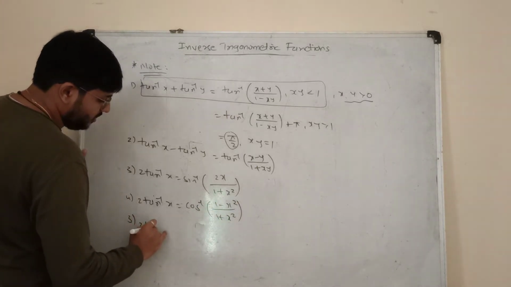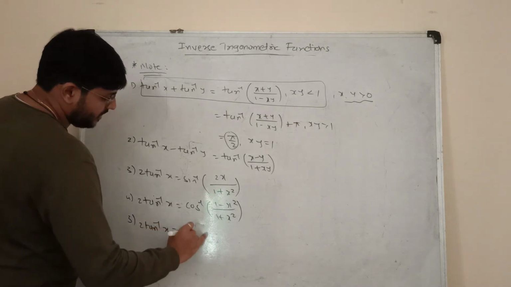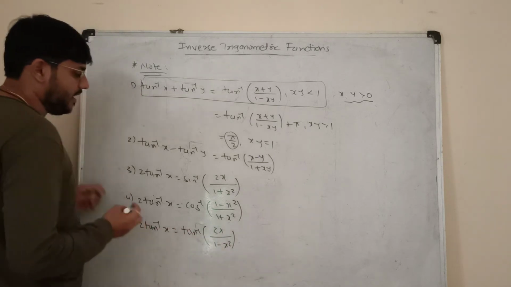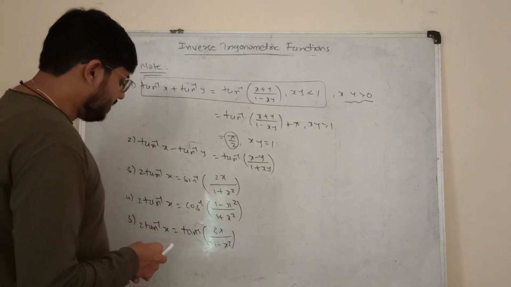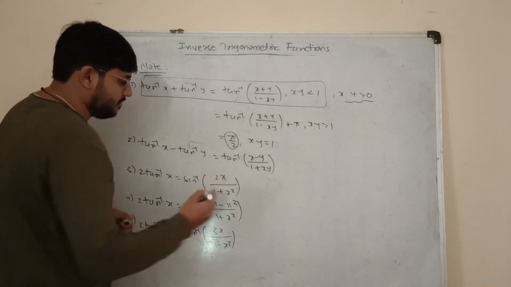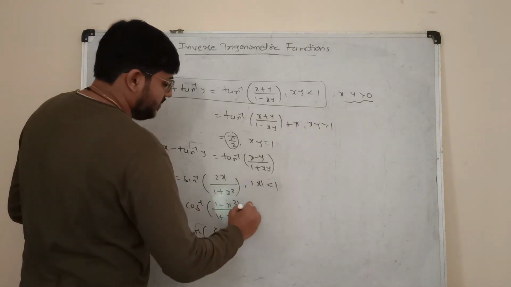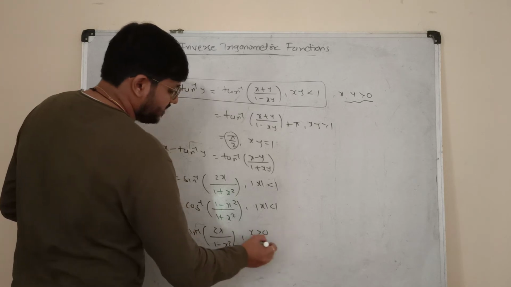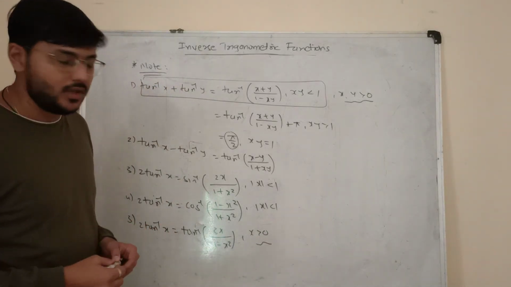And third rule, 2 tan inverse x equals tan inverse of 2x upon 1 minus x square. There are some conditions related with these, right? The first can be possible for mod x less than 1, the second again for mod x less than 1, and for the third the condition is x greater than 0. Okay.